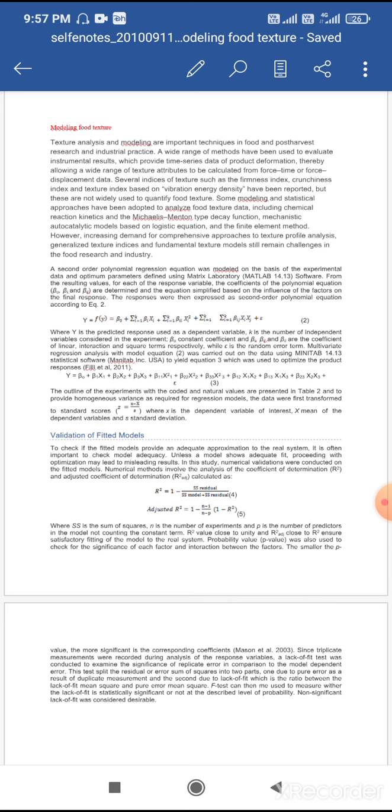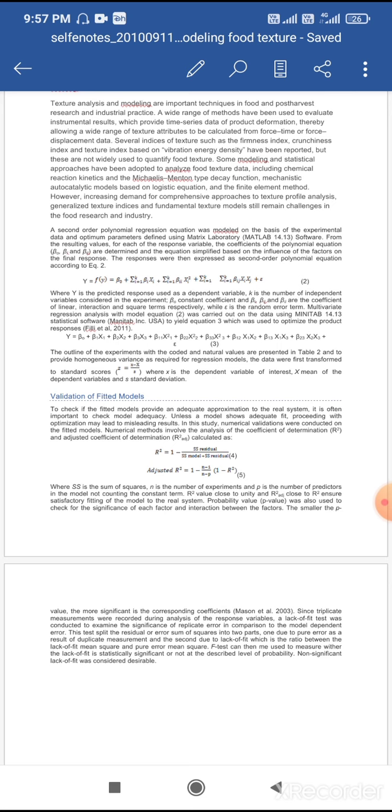From the resulting value for each of the response variables, the coefficients of the polynomial equation are determined and the equation simplified based on the influences of factors on the final response. The responses are then expressed as a second order polynomial equation, according to equation 2.